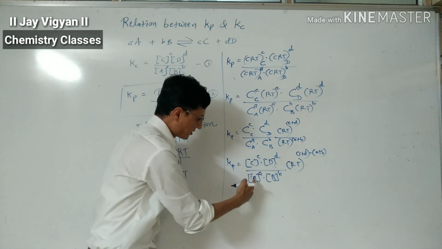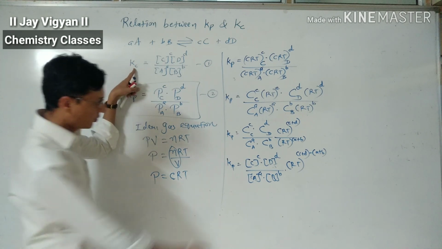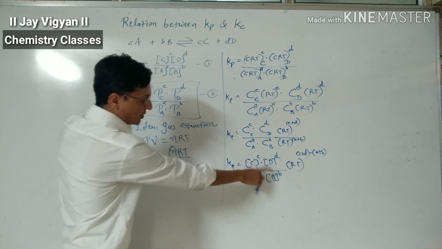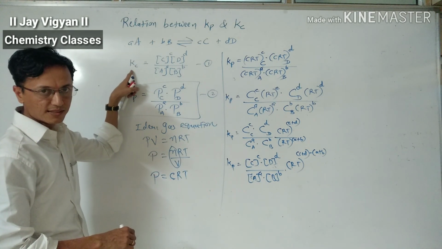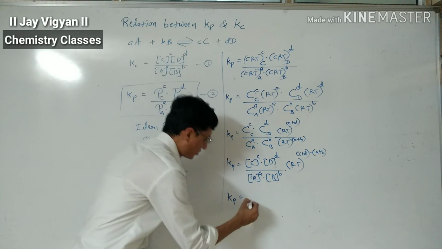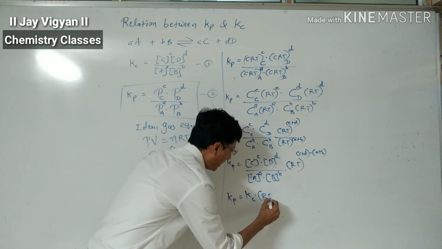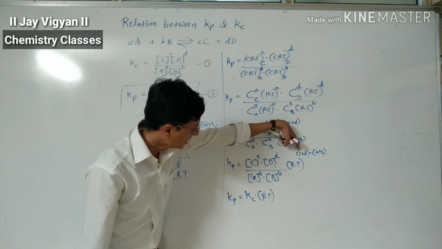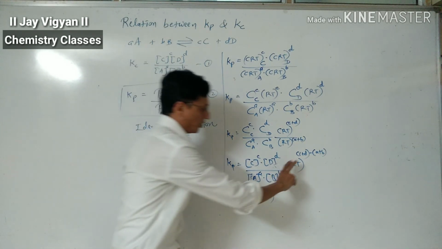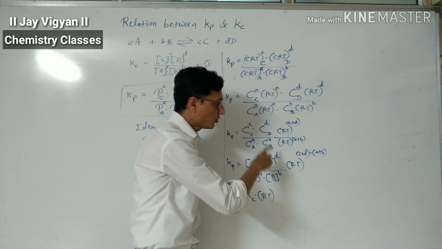So this whole expression can be written as Kc, because [C]^c [D]^d upon [A]^a [B]^b represents Kc. Therefore, Kp will be equal to Kc multiplied by RT raised to (c plus d) minus (a plus b), which means total moles of product minus total moles of reactant.